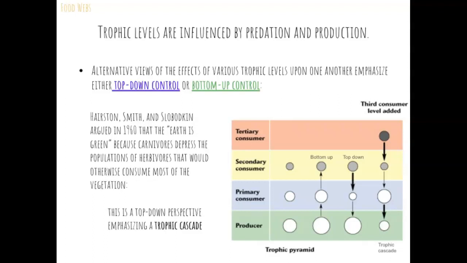So in this case, if we say that we have grass, which is fed on by grasshoppers, which are a primary consumer, and then the secondary consumer are birds, we would say that we have to have enough grass to support the grasshoppers, and therefore there's enough grasshoppers to feed the birds.